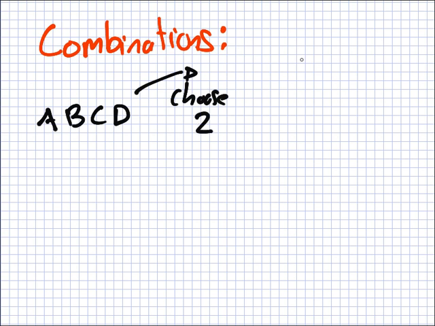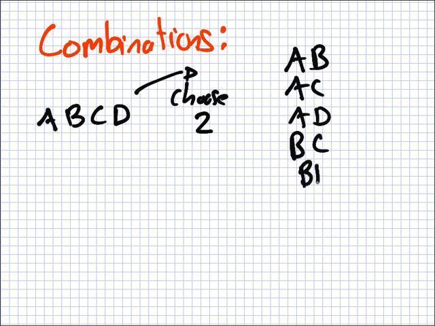How many ways could I do that? I could have AB, AC, AD, right? Then B, and no, I don't say BA, because I already have it as AB earlier. So it's BC and BD, and then lastly CD. So that's 1, 2, 3, 4, 5, 6.